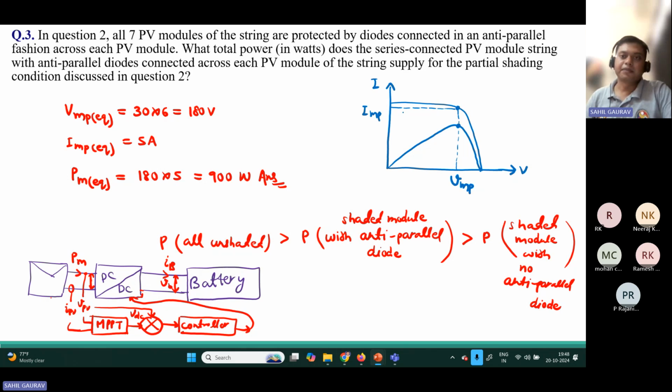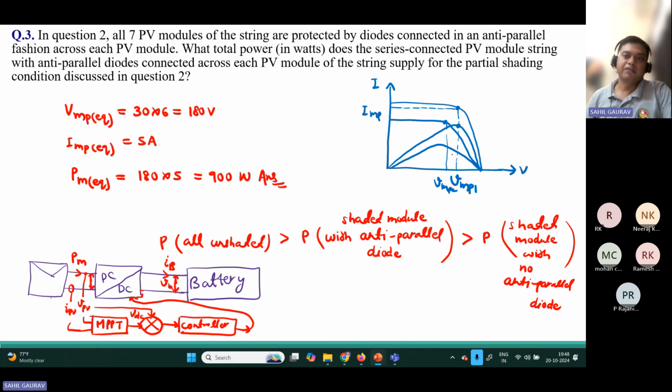Suppose the insulation goes down. Then this IV curve will be bent like this, and the PV curve will also bend like this. So when the curve goes down, the voltage across the PV that we have to set changes. Earlier it was VMP1 and now VMP2.